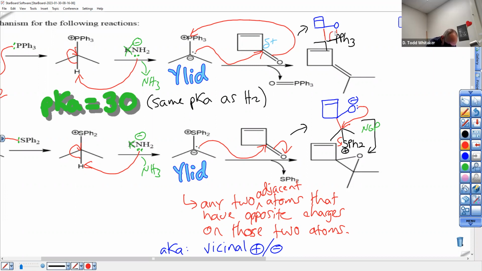It's being drawn up to the more electronegative O, and the old C-O gives up and becomes a C double C. And that's it. 2 arrows, end of story. Maybe I'll color them pink so that you don't confuse them with those bonds. And there's the end of that story. And we got an alkene. And that's called the Wittig reaction.